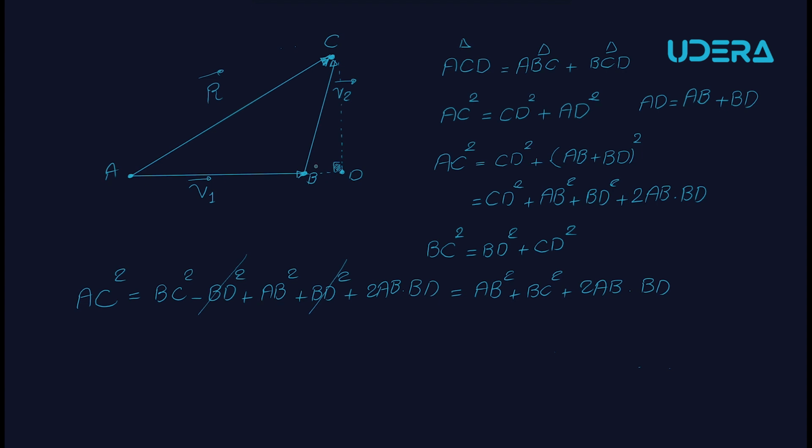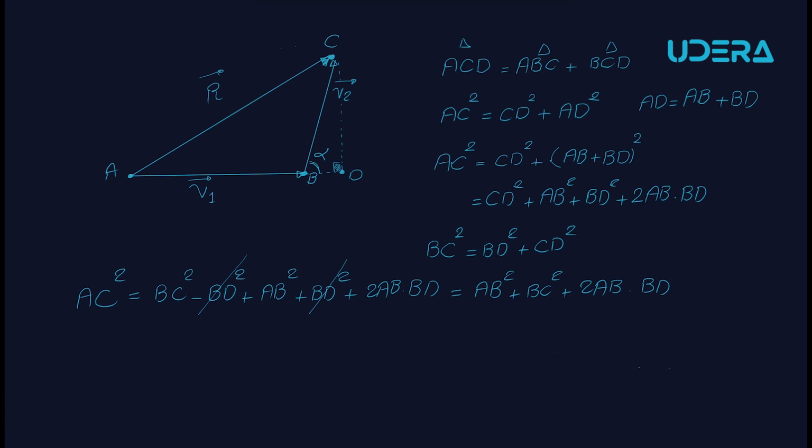If you remember, it was said that the extension of vector v1, or let's say the extension of the side AB, makes an angle like alpha with the side BC, which represents the vector v2.